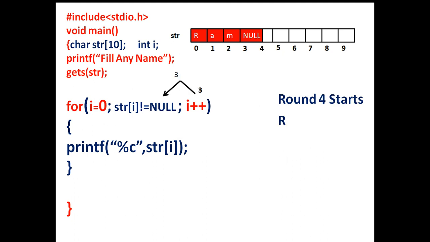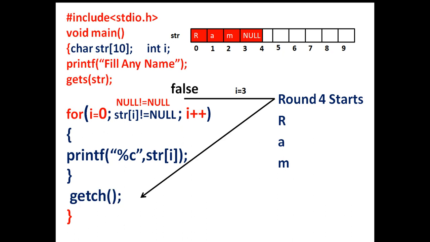Now it will again check the condition. At str[3], it means the third location of str is null. So now null is equal to null, so now the condition is false.